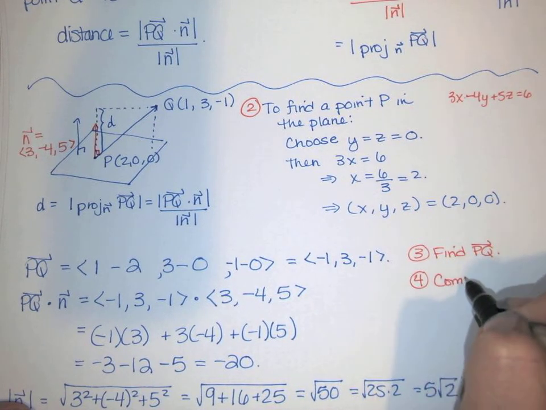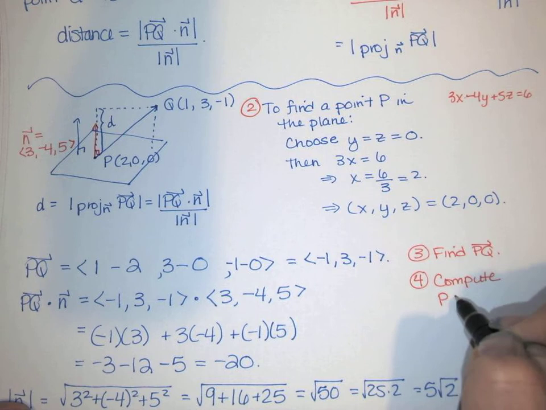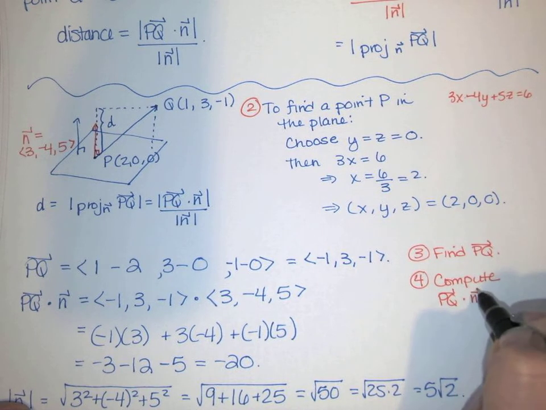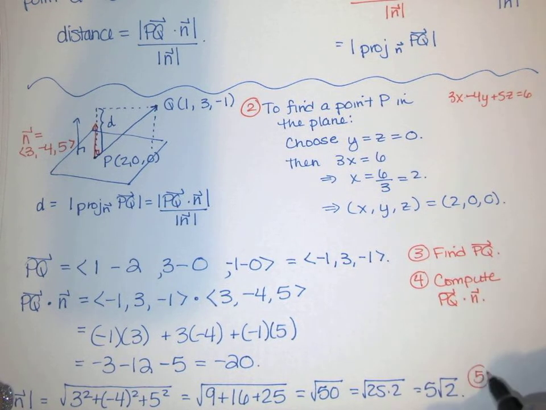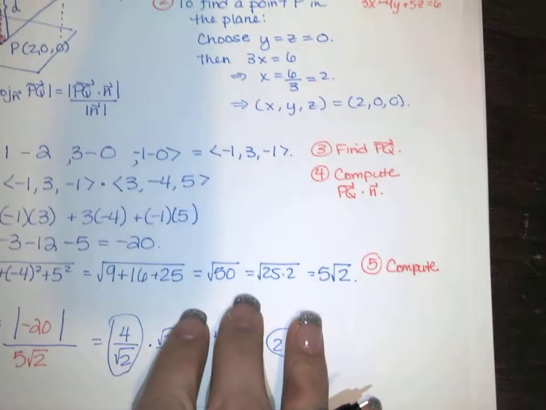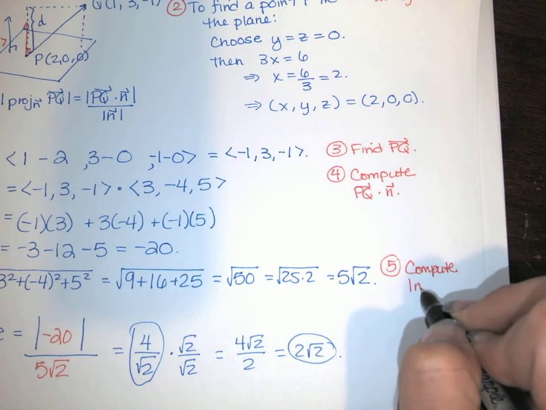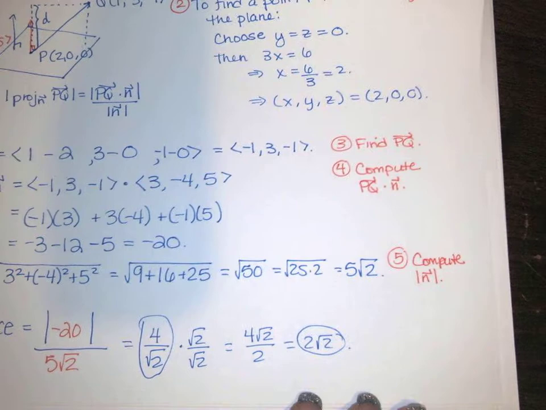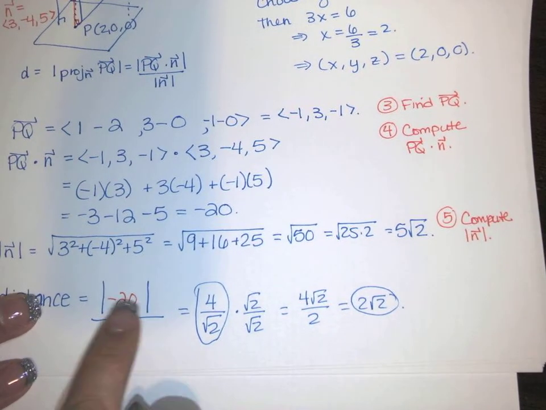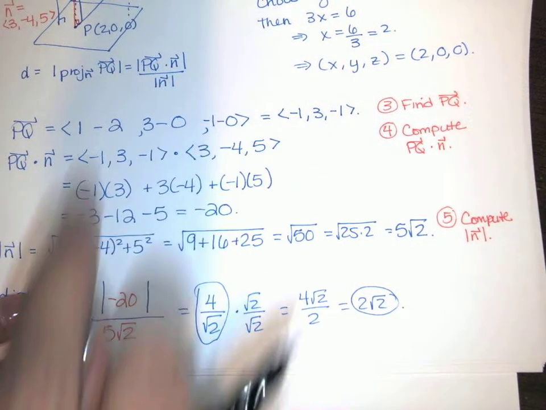Then compute the dot product of PQ with N. Then you want to compute the length of N. And then you substitute into the formula. That's the absolute value of the dot product right there.